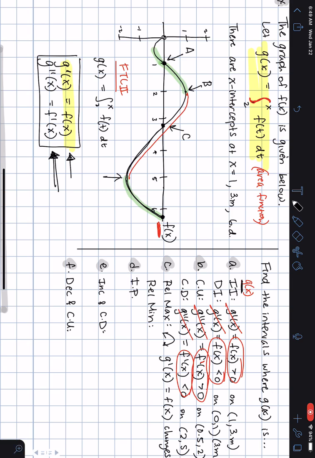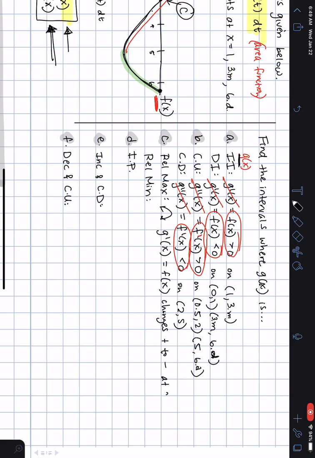Here? Or here? Where does f change from positive to negative? The answer is C. f changes from positive to negative where it's going from above the axis to below the axis. And so our answer is 3-point donkey. 3-point monkey. 3-point orangutan, who cares?